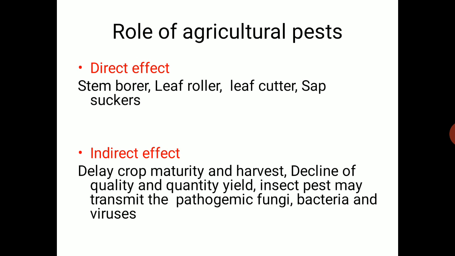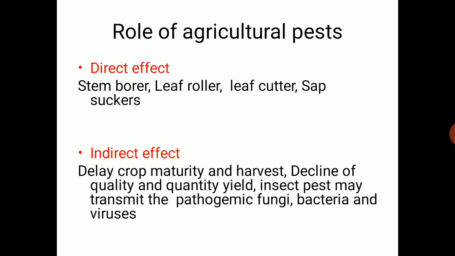In the role of agricultural pests, we already discussed the different types of pests, and in that we discussed the agricultural pest. The agricultural pests specifically damage the crops or crop plants, and there are many insects and non-insect pests which cause damage to the crop plants.